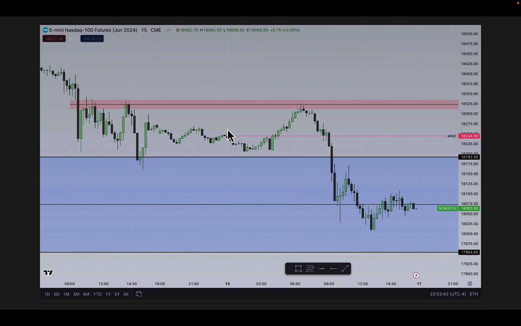Okay, so power of 3, if you are bullish, you are going to be looking to buy under the midnight open or at the midnight open, and you're going to see essentially a protraction move under that midnight open to get to some kind of inefficiency, some kind of liquidity.